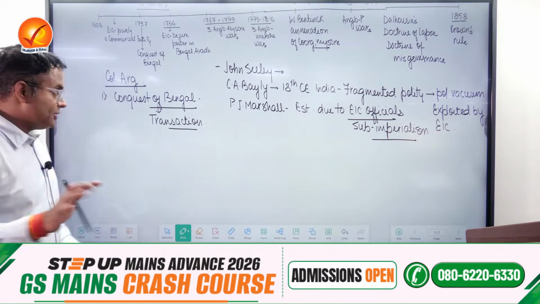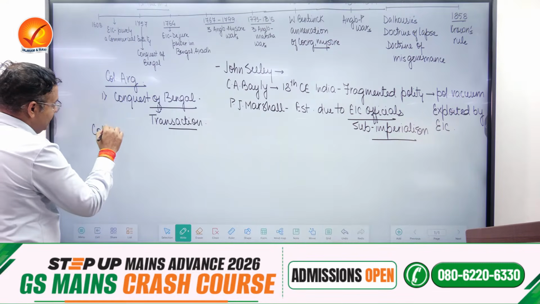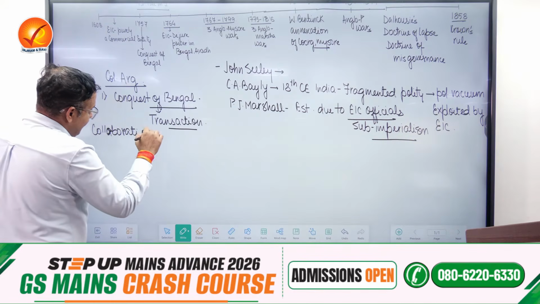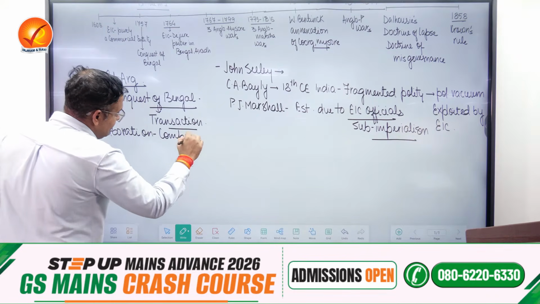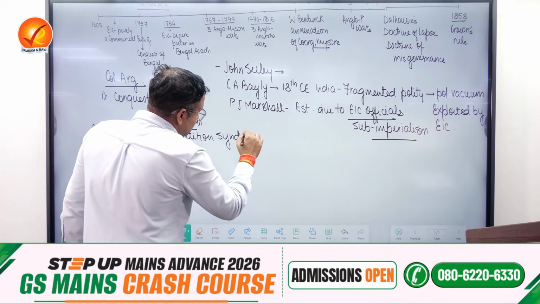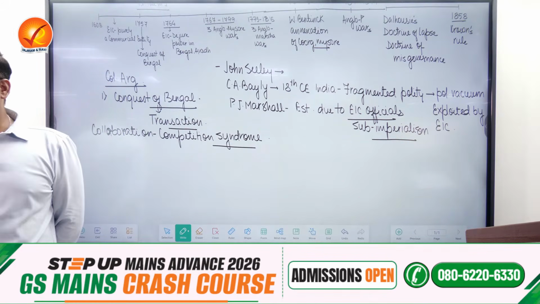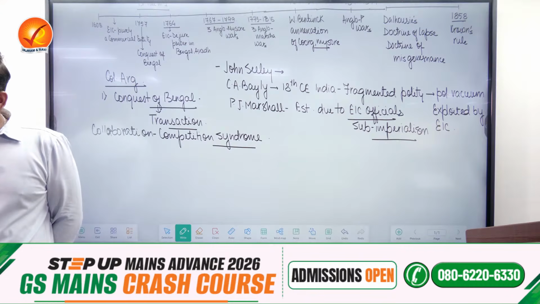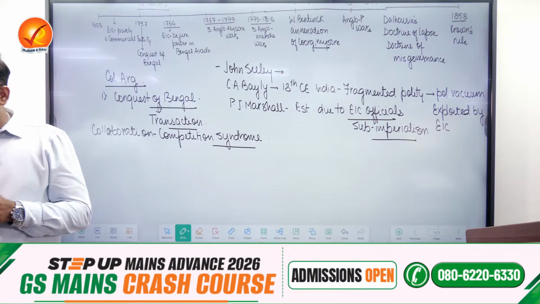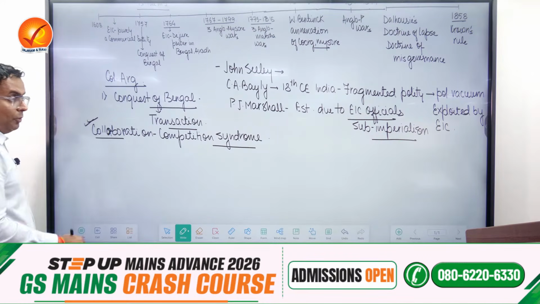So you can mention that not only the conquest of Bengal, but the 18th century witnessed a competition collaboration syndrome. There are numerous examples, especially the capitalist class who could see a brighter future with the East India Company. They started supporting their ventures. So you should mention this competition collaboration syndrome.